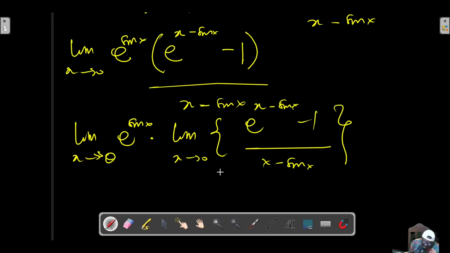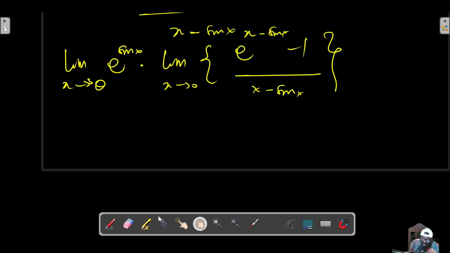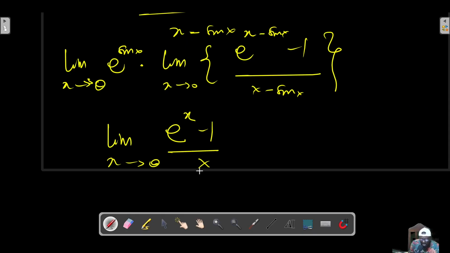Now the limit of this expression is familiar. You can compare it to the limit as x approaches 0 of e raised to the power x minus 1, all over x. So this can be compared to this. Now in place of x, we'll put in x minus sine x. And this limit, I already know that it is equal to 1.